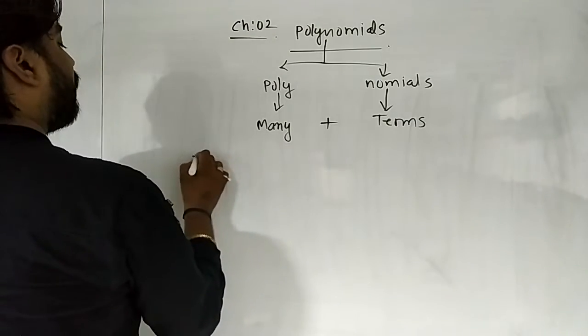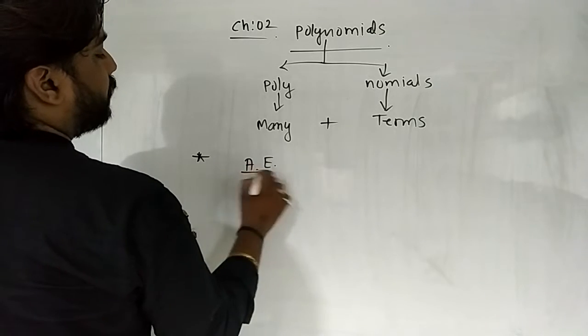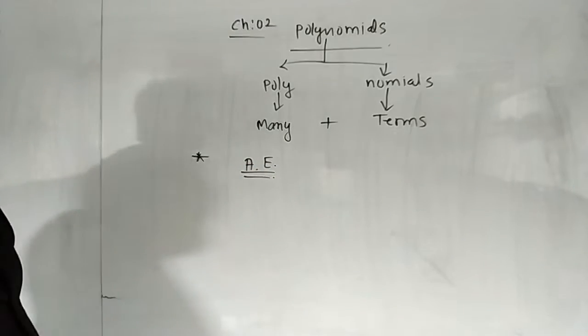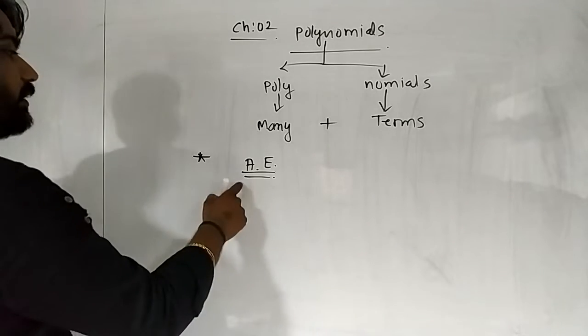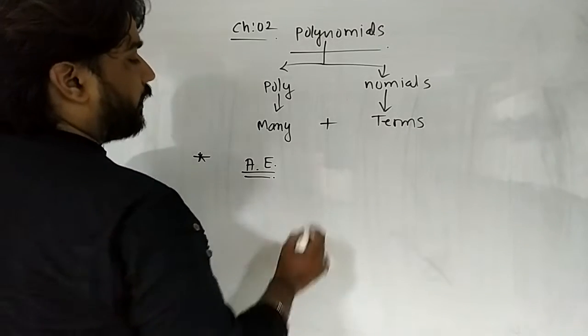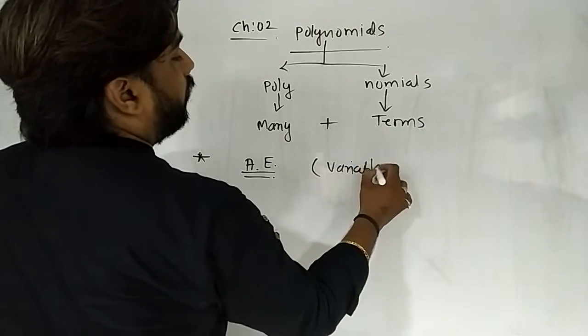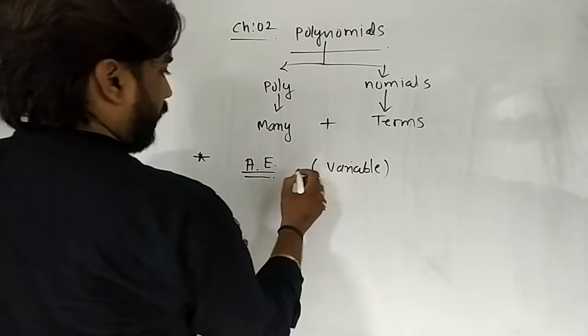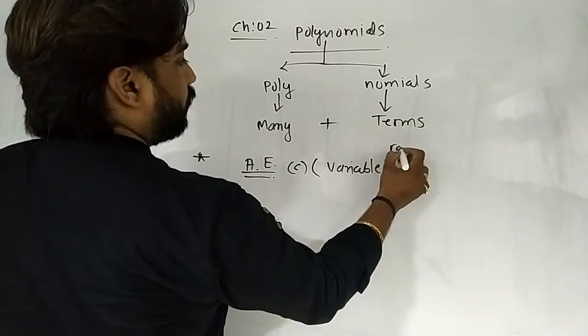Then when we started the chapter, first we have learned what? Algebraic expression. सबसे पहले हमने क्या सीखा था? Algebraic expression. And algebraic expression का meaning क्या था? Variable into constant, and the power of variable is what?